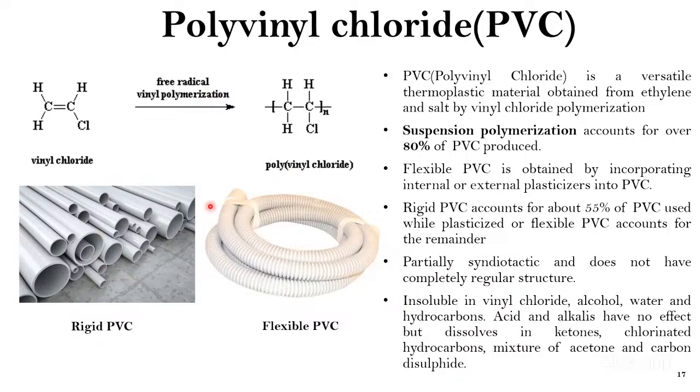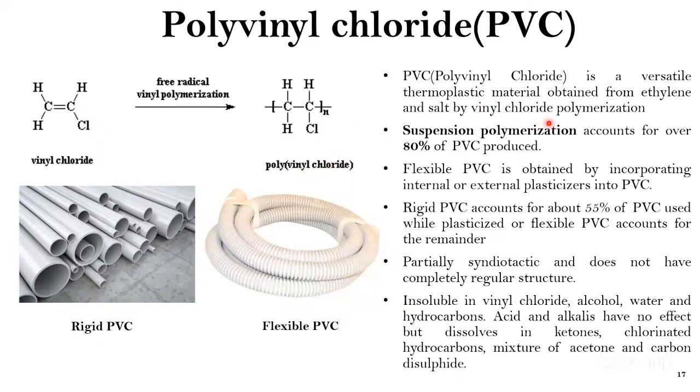In PVC, you might see that some have very rigid PVC pipes. Polyvinyl chloride is mostly used for the application of pipes. So PVC is also a thermoplastic, that is made from ethylene and vinyl chloride polymerization. With the help of ethylene, you get vinyl chloride, and from vinyl chloride, we get polyvinyl chloride.